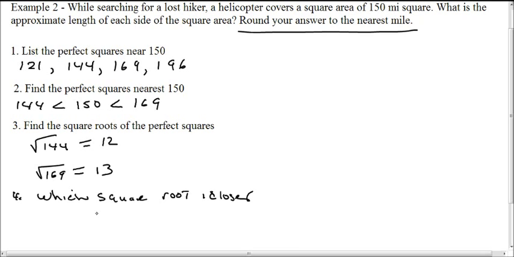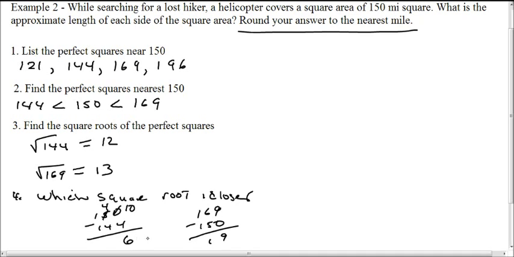So I'm going to take 150 and subtract from it 144. Okay, so we'll borrow 1 here, make that 4, and then we'll make this 10, and here we'll have a difference of 6. Now I'll take 169 and subtract from it 150. And that's 9 and 1, which gives me 19.